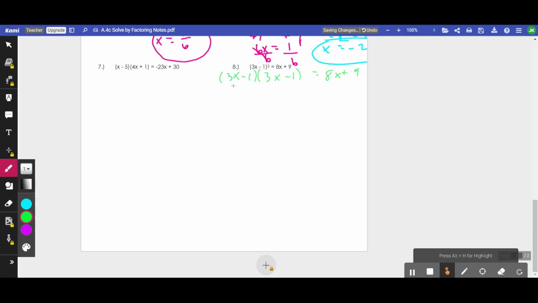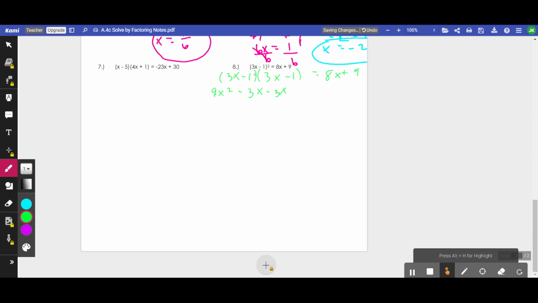So you'll FOIL this side out like you did on the other one. Do 3x times 3x first. That'd be 9x squared. And then you can multiply 3x times the negative 1. That'd be negative 3x. So you did first, outer, now you're doing inner. Negative 1 times the 3x, so negative 3x.